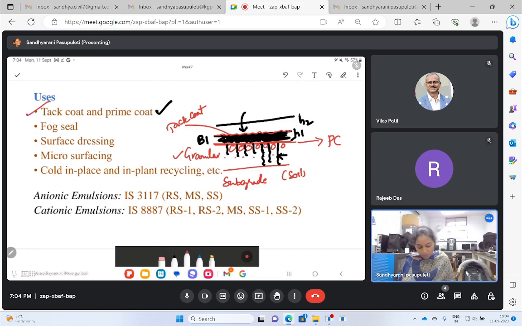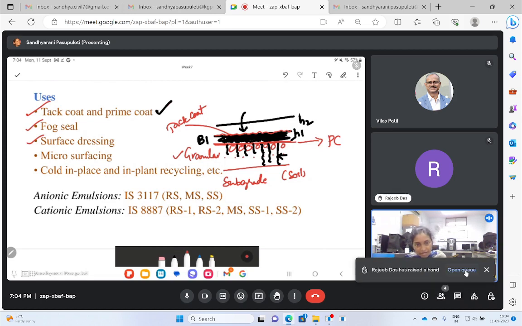Emulsions can be used for tack coat or prime coat, and in addition for fog seal, if you have any minor repairs and want to fill small openings, and also for surface dressing at the topmost surface, micro surfacing, and cold in-place plant recycling.